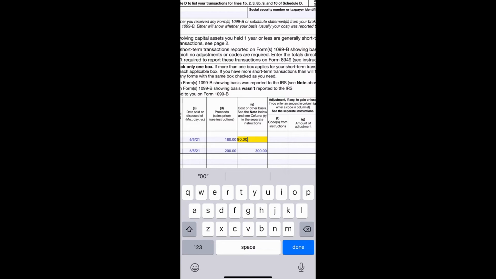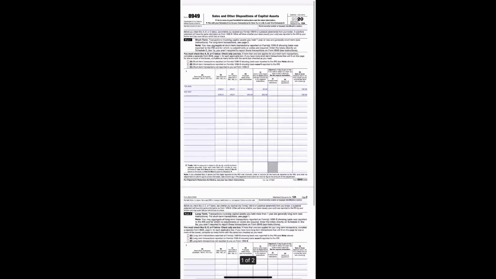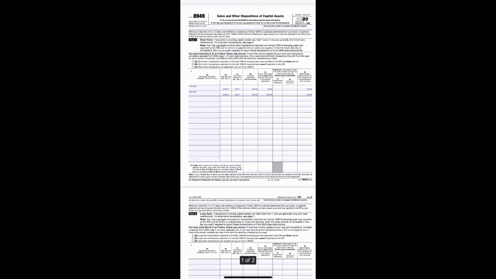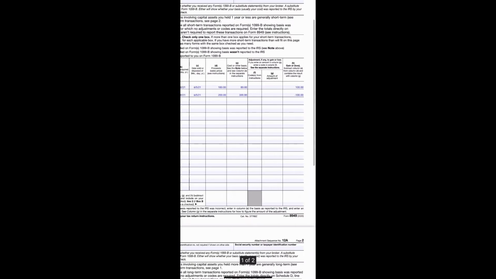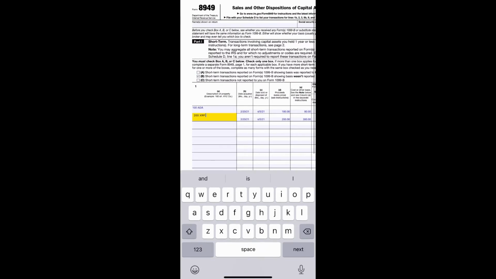Okay, and then you're gonna take those two numbers, subtract them, and that's gonna give you your profit and loss here on the right side. You can see the profit and loss column right here. The first trade I did was positive. The second trade I did is a negative trade. I just want you guys to see a positive trade and a negative trade.